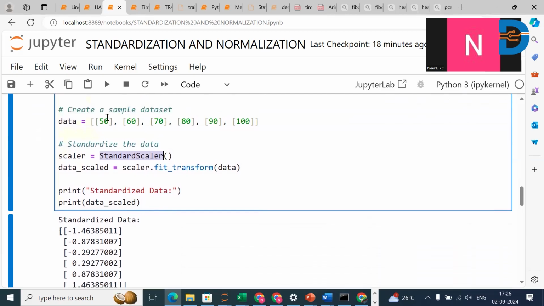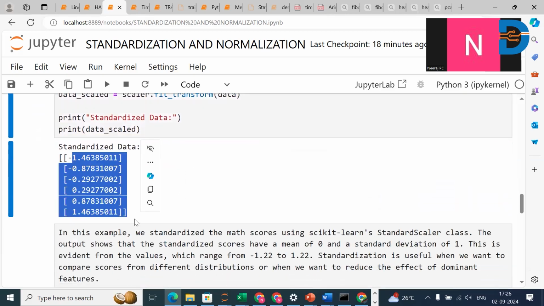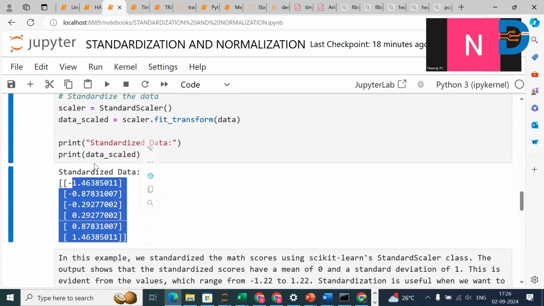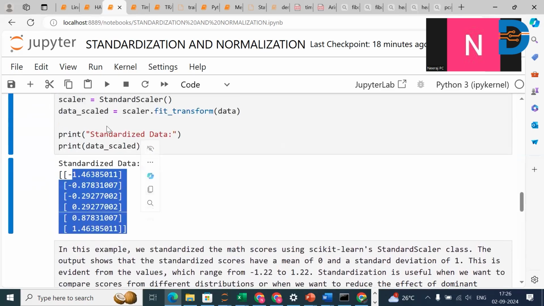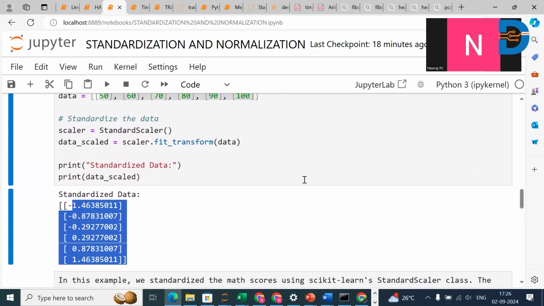Here you can see this particular data has been standardized. If you calculate the mean of this, it will come out to be 0, and if you calculate the standard deviation, it will be 1. You can do it for both columns, math and reading. This is how we have got it.